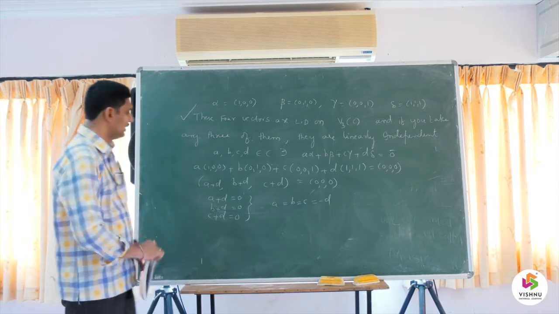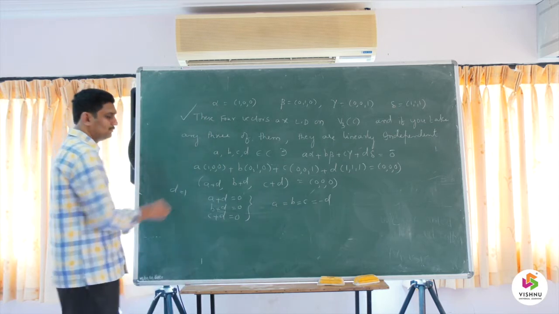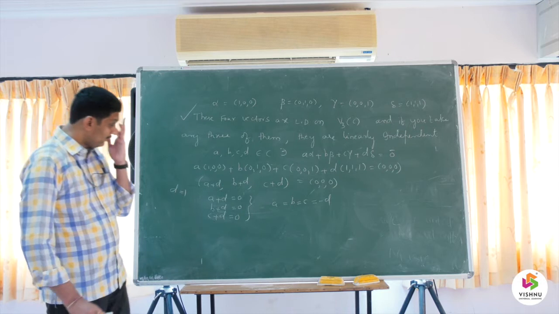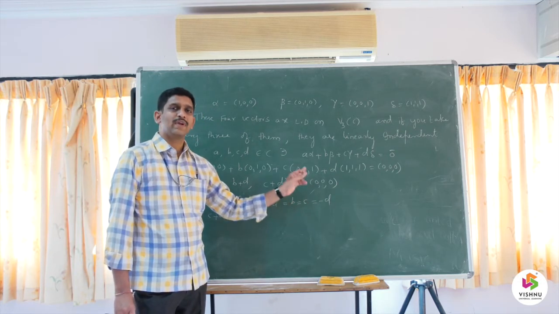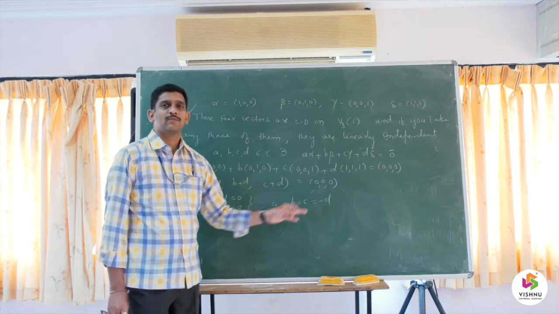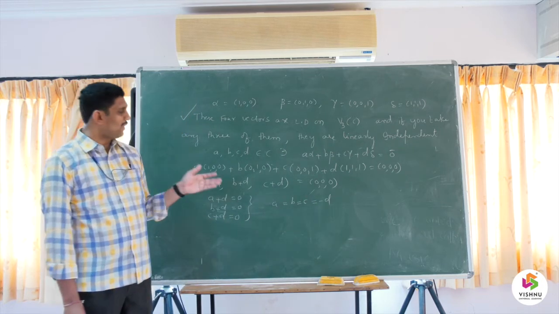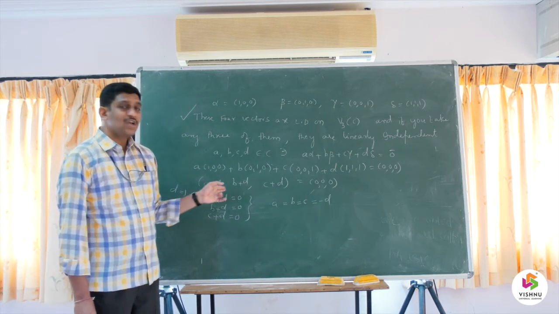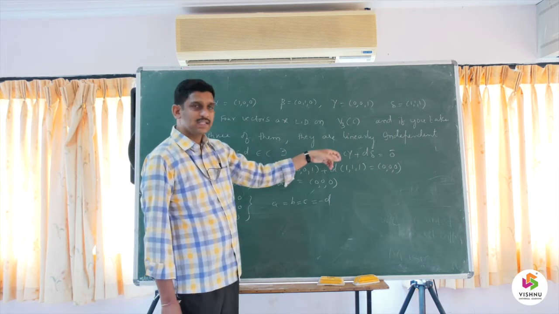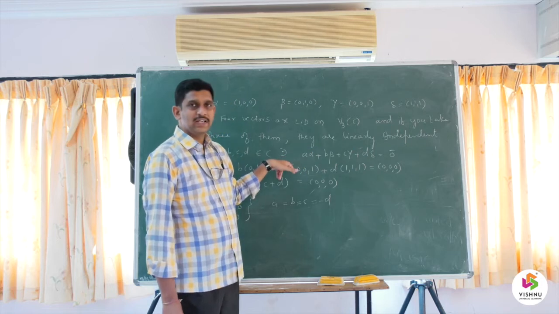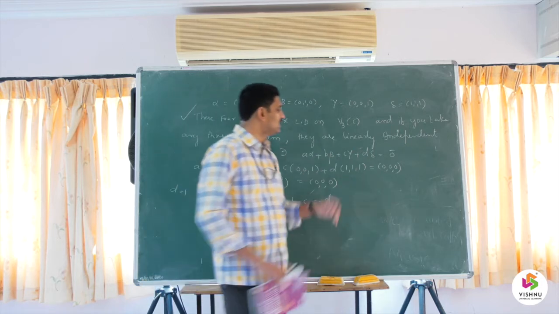For example, if I take d equal to 1, then a is equal to minus 1, b is equal to minus 1, and c is equal to minus 1. So I have found non-zero values for a, b, c, d such that on substituting here, I will get the output as (0, 0, 0).